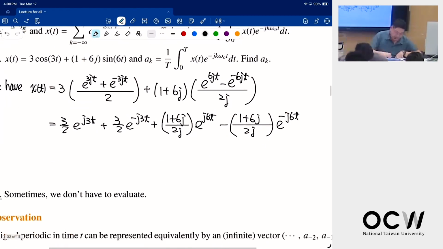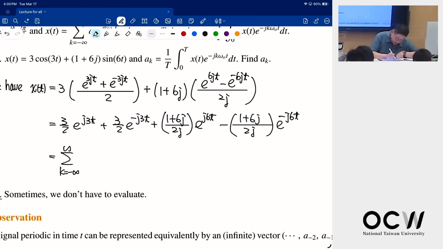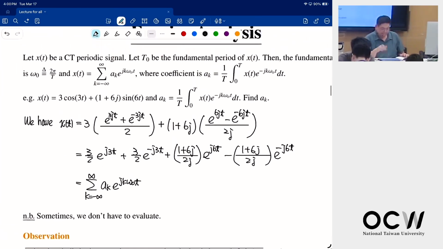I can even write it down. This is the summation of ak times e to the jk omega naught t. So what is ak? What is a1? 3 over 2, right?